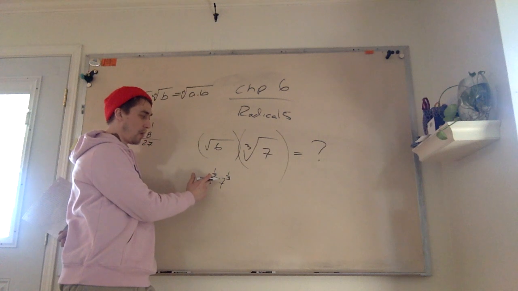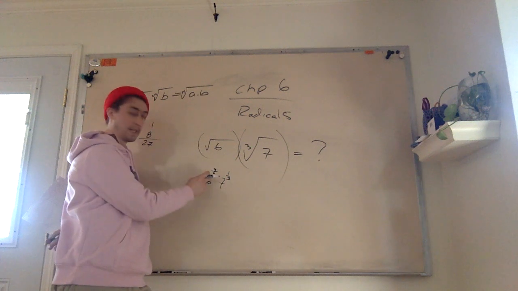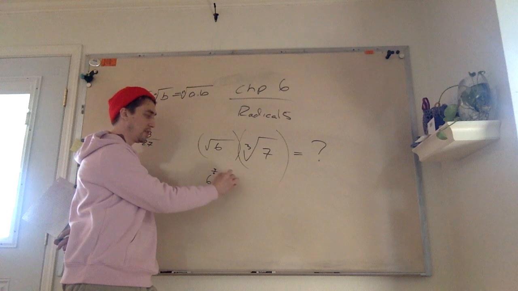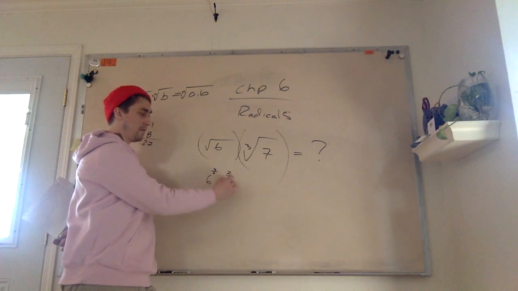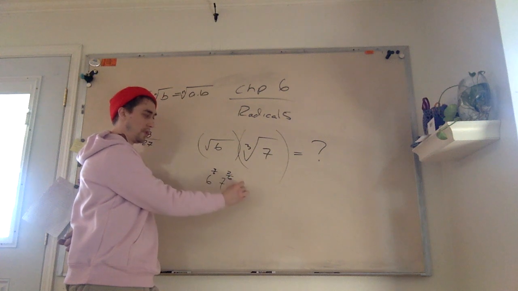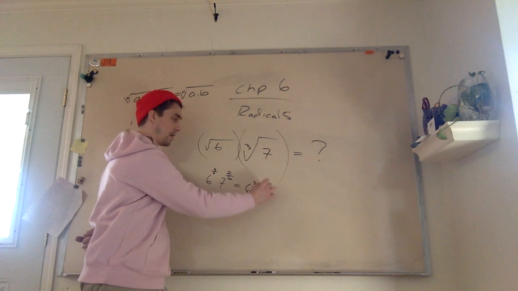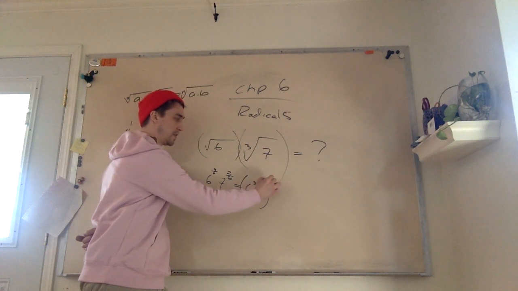You could write the 1/2 power as the 3/6 power, because 1/2 is the same as 3/6. And you could write the 1/3 power as the 2/6 power. And now you could factor out a 1/6 and write this as 6 cubed times 7 squared, all to the 1/6 power.